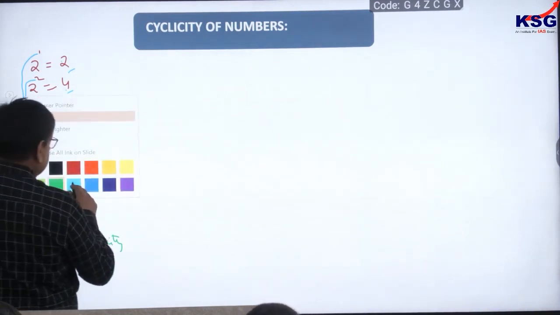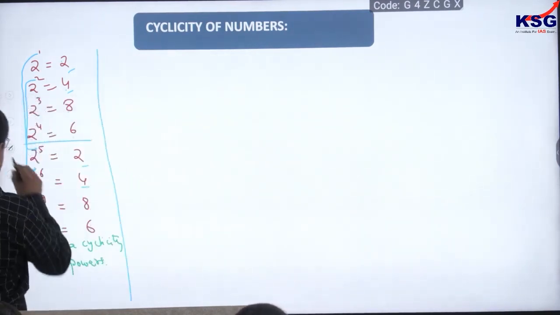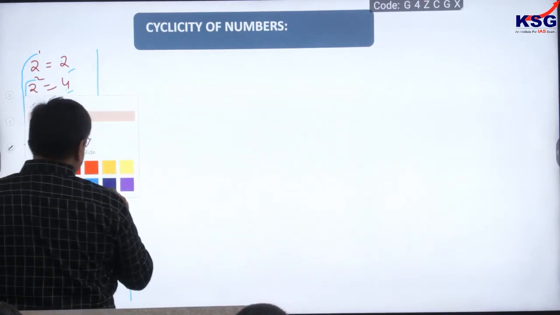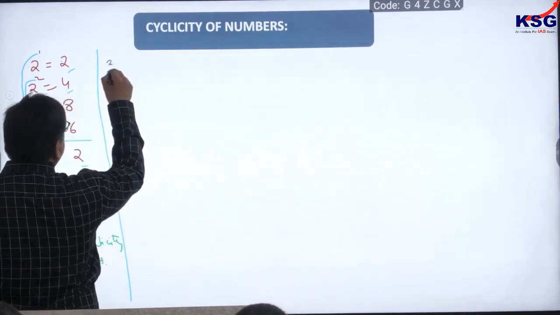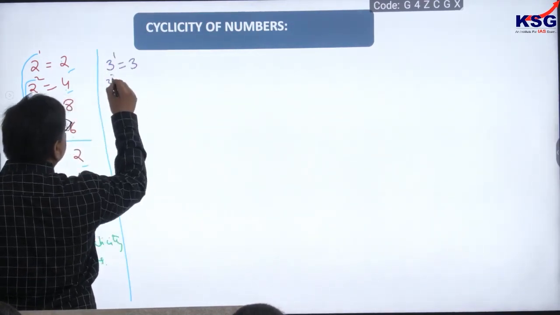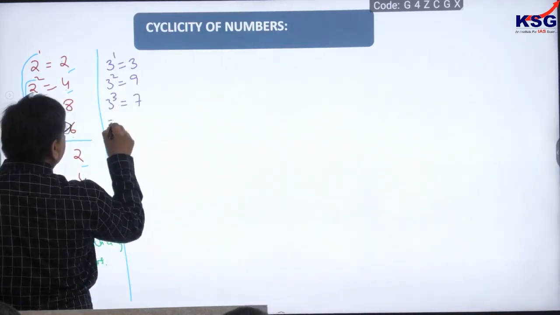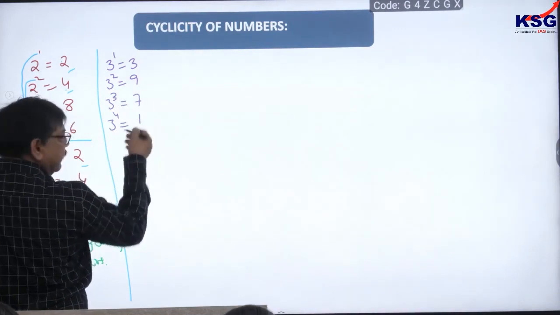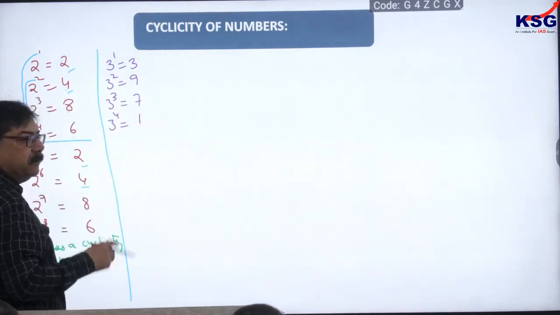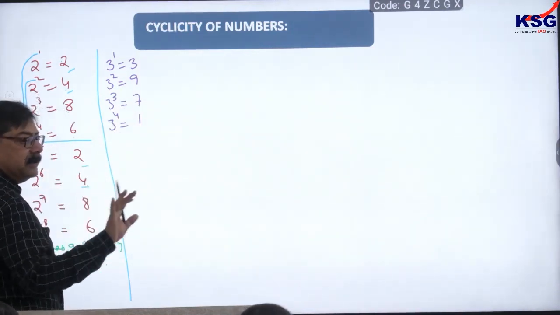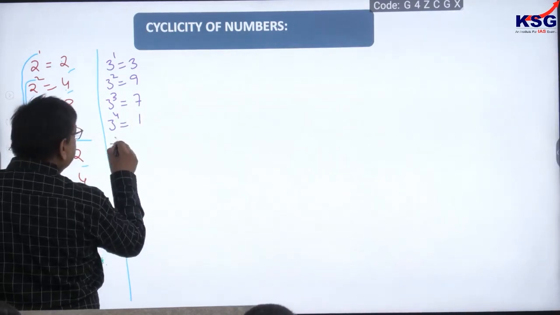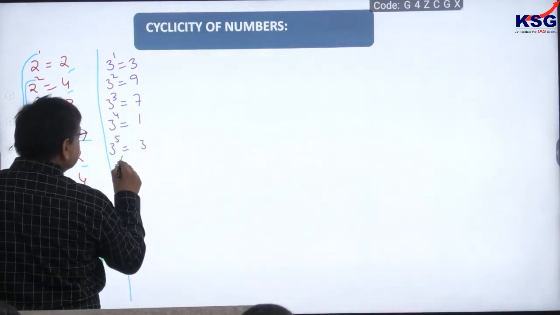Next we will observe 3. 3 power 1, 3 power 2, 3 power 3, 3 power 4, 1 here. You don't have to memorize what 3 power 4 is, otherwise it is 81. 3 power 5, 3 power 6.